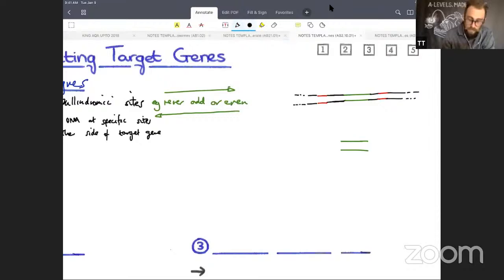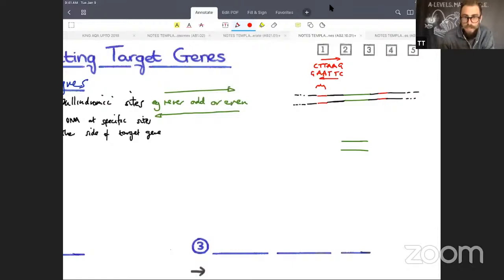And if we were to zoom in on this little section here, we could make it C T T A G in this direction, and then going the same in the opposite direction, C T T A G would be the same.